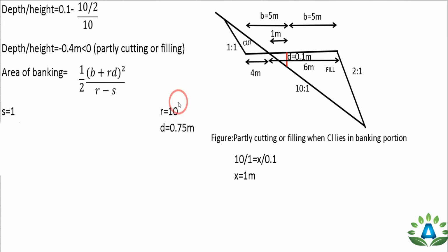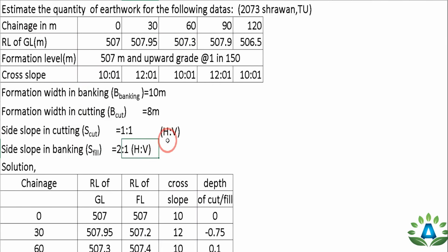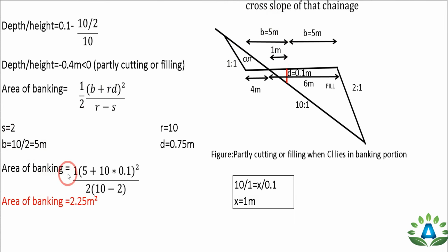We have the value of cross slope as 10:1, that will be r equals to 10. We have this s, that is the side slope for banking, equals to 2:1, that is s equals to 2. And while putting all these values in this equation, then we will get this area of banking as 2.25 meter square. Now we can see that we also have this area of cutting.